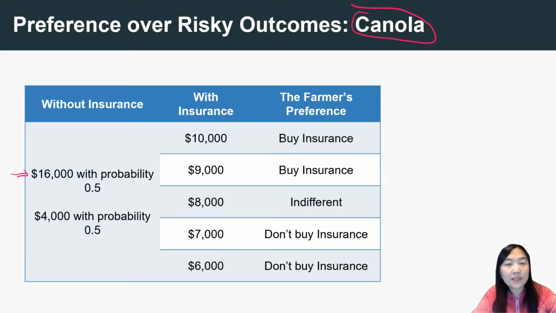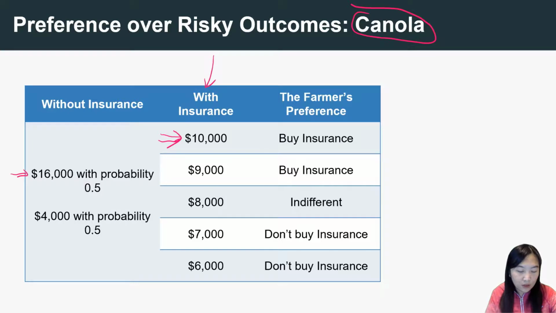There's a 50% chance that the farmer will get a profit of 16,000, and there's another half chance that the farmer will get 4,000 if bad weather happens. However, if the farmer buys insurance, then the insurance company will say that no matter what happens, I will pay you $10,000. So pay attention here.